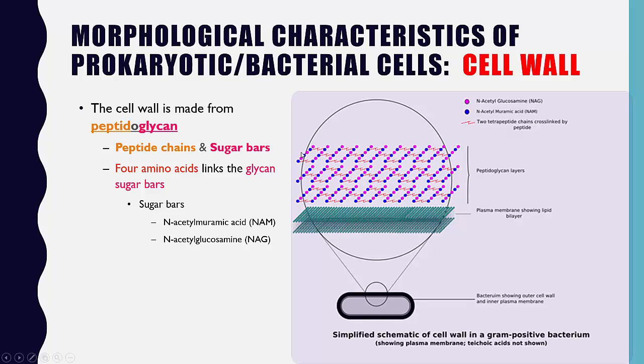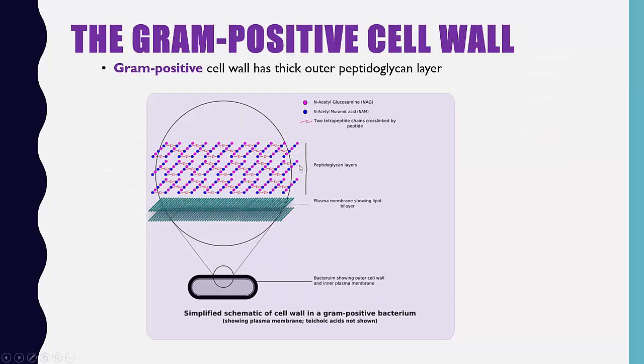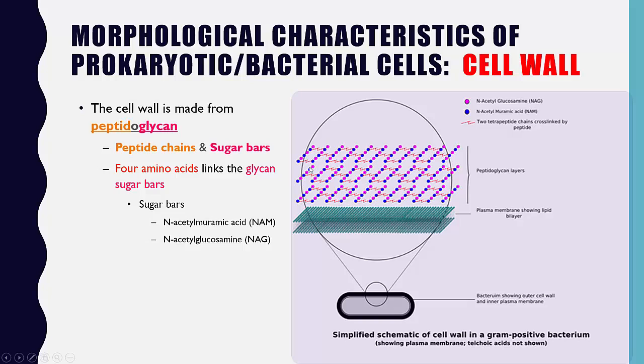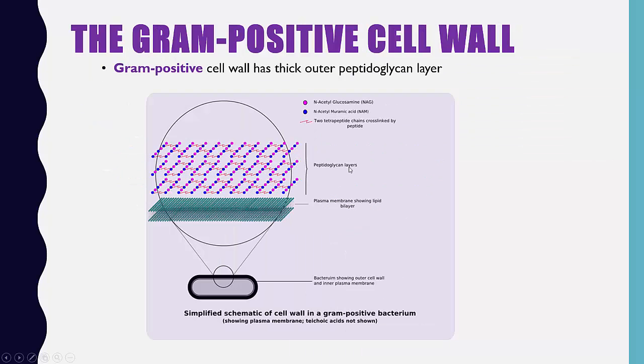I know, you only have to know NAG and NAM. So NAG and NAM and NAG and NAM make the sugar bars. And then they have these cross bridges that are the peptide chains. These are important. I know you're thinking there's no way this is going to be important. Yeah, there is a reason for this.